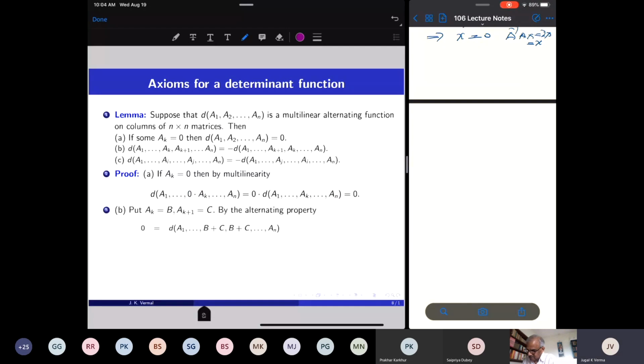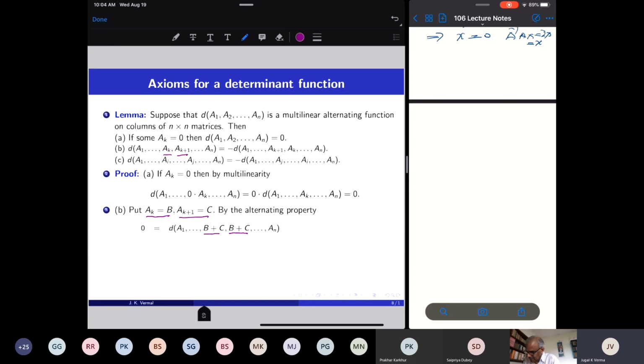Then let us look at these adjacent columns, Ak and Ak+1, and we will interchange them and calculate the value of D. Just for simplicity, put Ak equal to B and Ak+1 equal to C. Then look at the matrix where the kth column is B plus C and the (k+1)st column is B plus C. So we have two identical columns. When we have two identical columns, by the alternating property, D of such a matrix is 0.